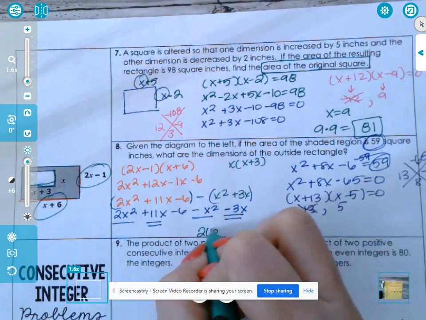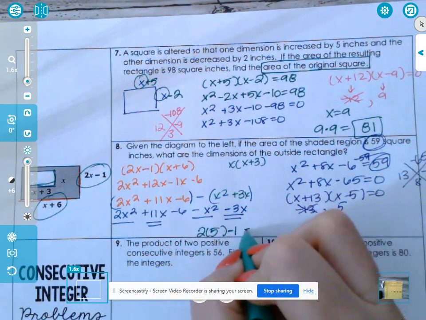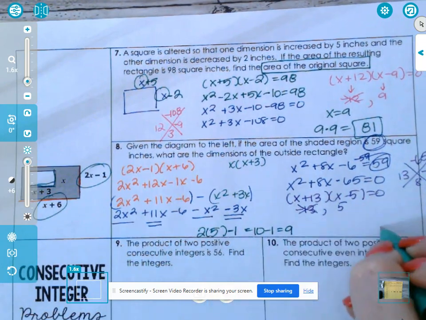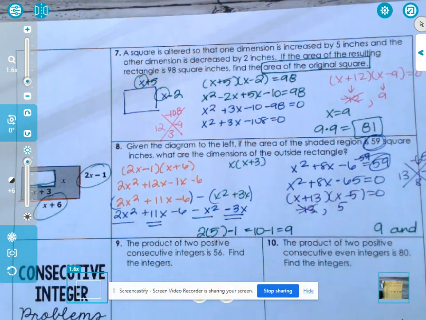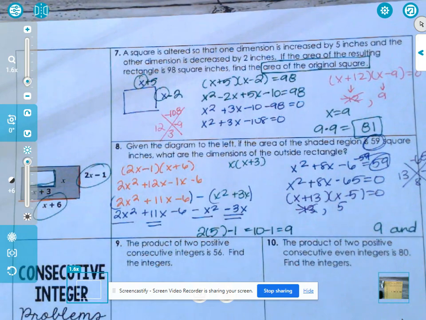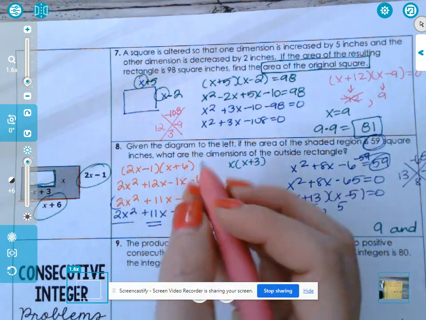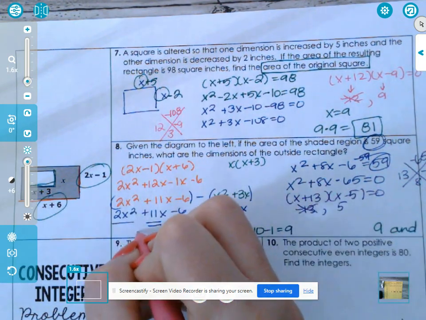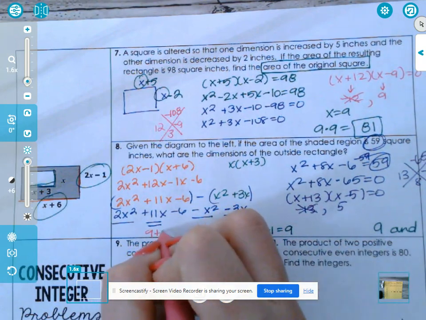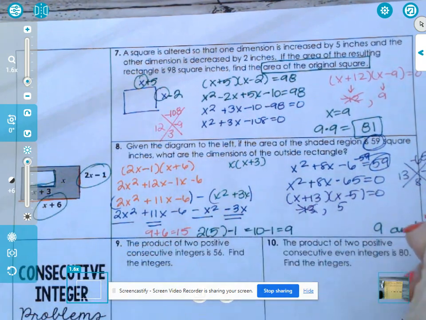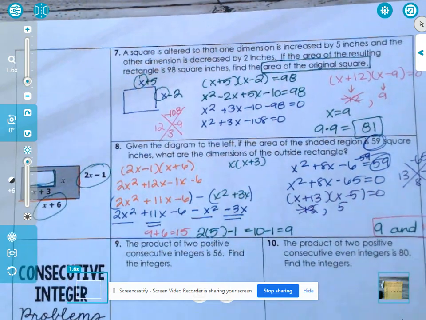All right, so if X is 5, we're going to do 2 times 5 minus 1, which is 9. And then we're going to do X plus 6, so 9 plus 6, which is 15.